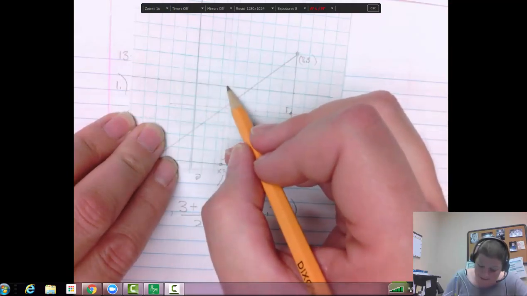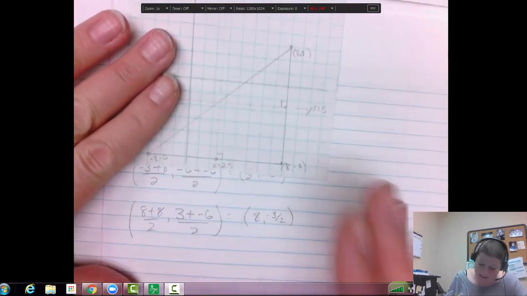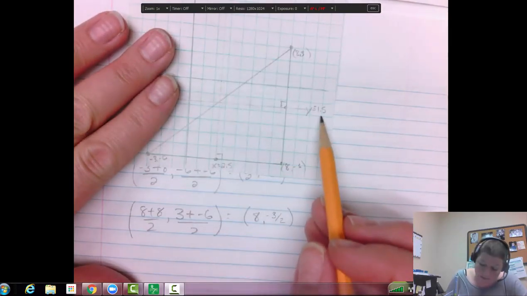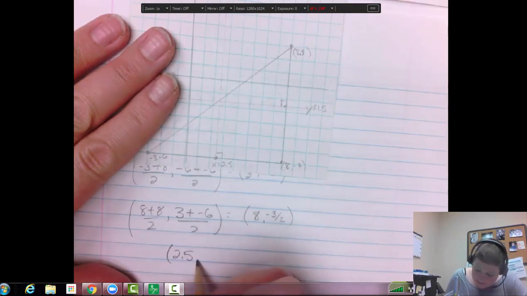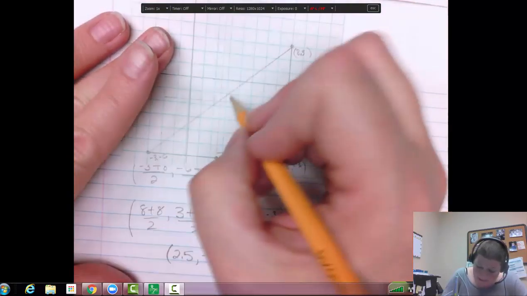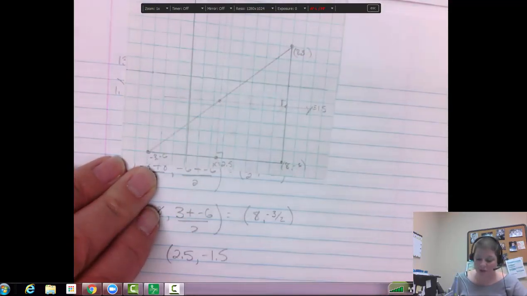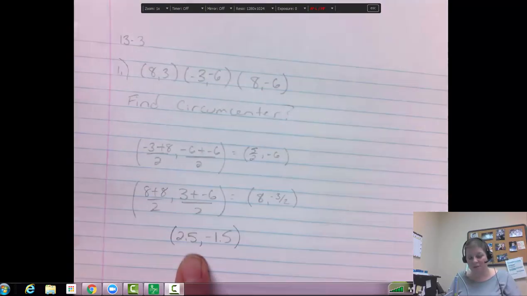Well, the x is at 5/2 or 2.5, and then the y is at -3/2 or -1.5. So where do they cross? 2.5, -1.5. There's where the circumcenter would be. So that's your answer, circumcenter.